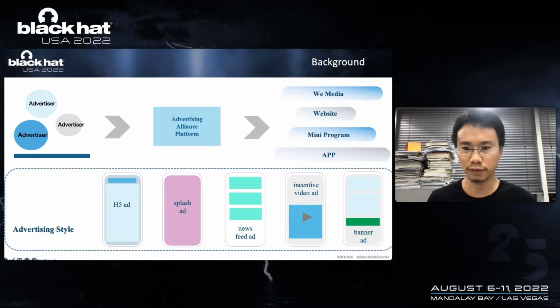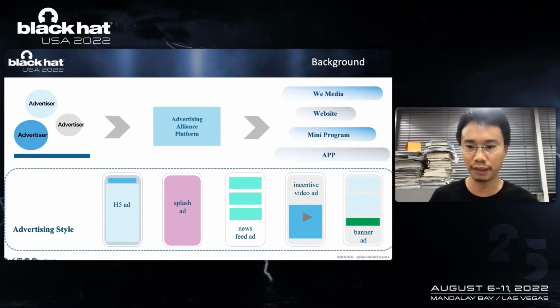Typical internet models include social networks, search engines, app stores, and short videos. When an internet platform company grows up, it gathers a large number of users and advertisers. The advertisers continuously spend money on the internet platform company to promote their products.